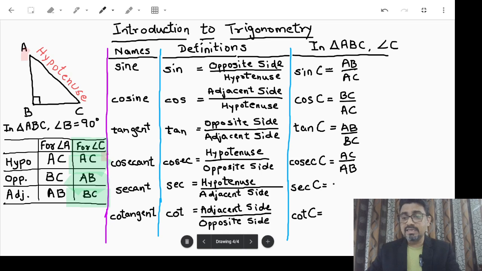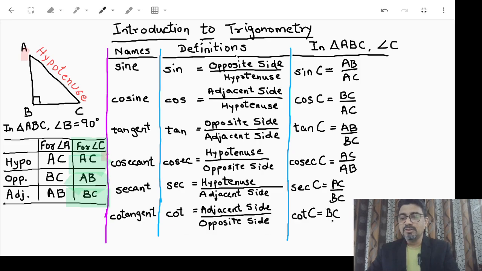Sec of angle C will be AC upon BC. And the last one, cot, was the reciprocal of tan. Tan of angle C is AB upon BC. Cot of angle C will be BC upon AB. Those are the six trigonometric ratios of the other acute angle C.